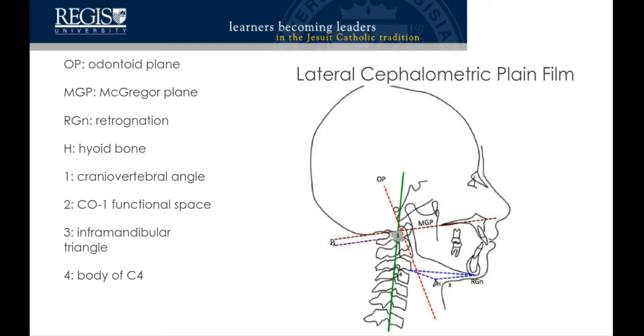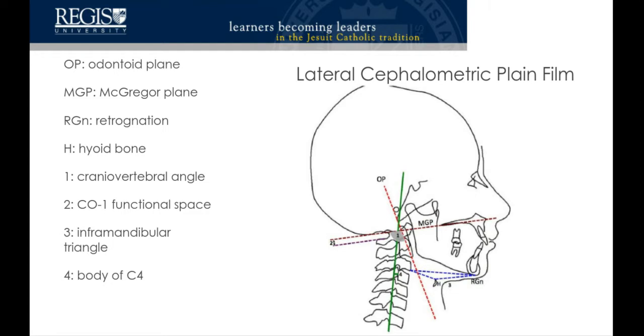And so on the screen, you can see a drawing of what one would see in a lateral cephalometric plain film. And you can see there's different markings over here on the image. I wanted to walk through those so you can see how you might objectively assess cervical lordosis, cervical and mandibular postural relationships, and even the positioning, or the posture, of the suboccipital space.